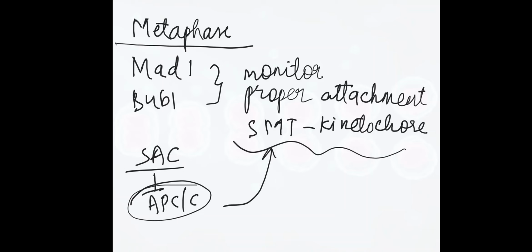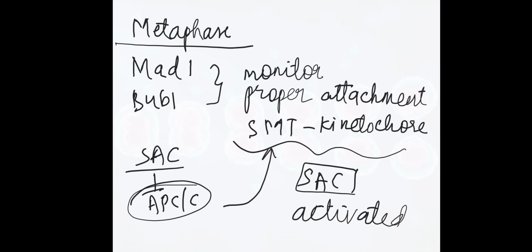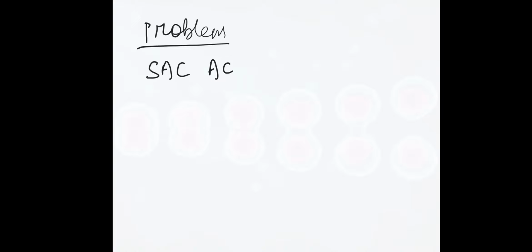When a problem is sensed, SAC is activated. If there is any problem, SAC is activated. What happens when SAC is activated?